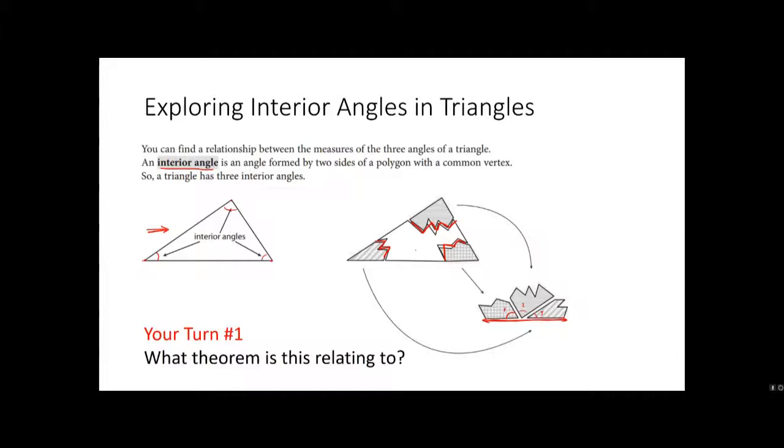We're talking about interior angles adding up to some degree. What degree is it? It involves this picture right here, so that's part of your question: what theorem is this, and what is that degree?